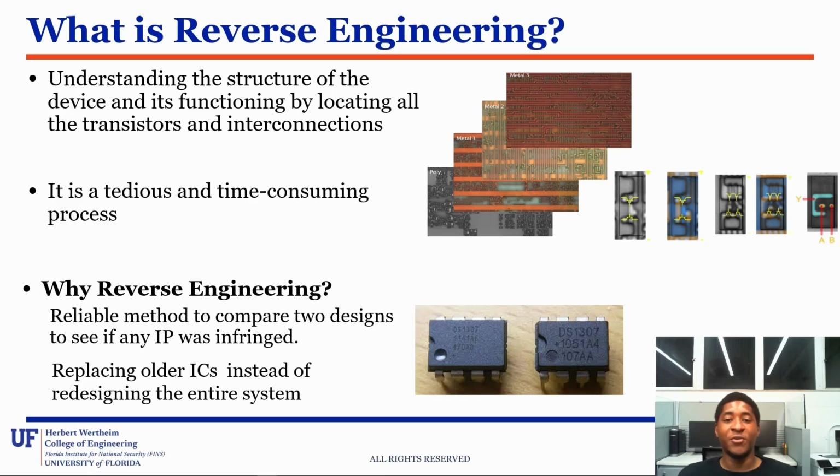In the cases where redesigning an entire system is impractical, especially for long-standing ones like in military and aerospace applications, reverse engineering becomes very essential. It allows us to examine and reproduce the ICs, enabling replacement of outdated components and keeping entire systems operational without overhauling them completely.